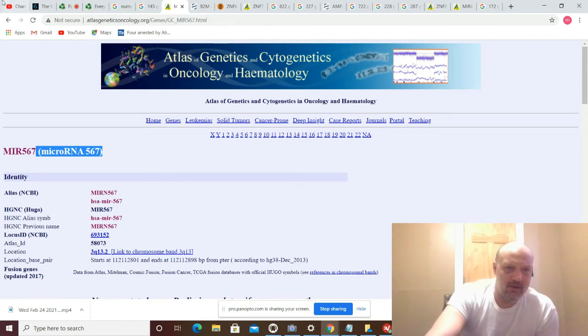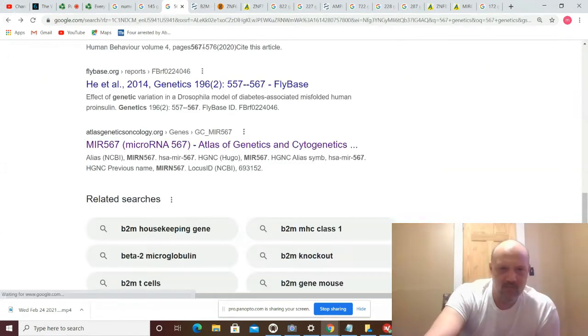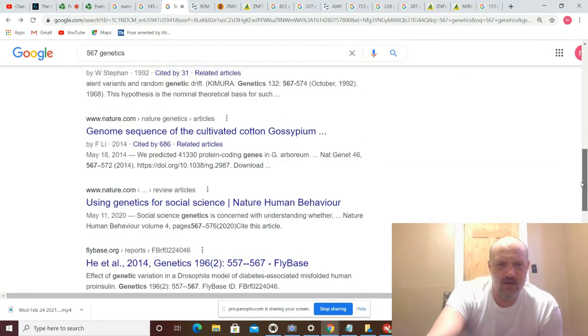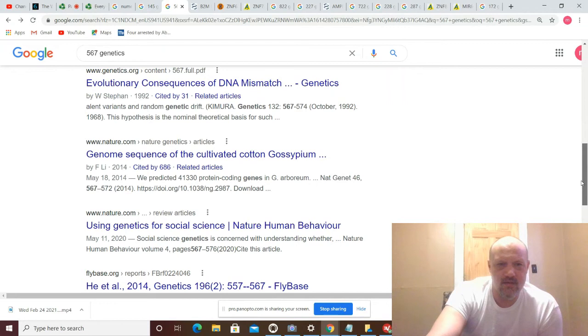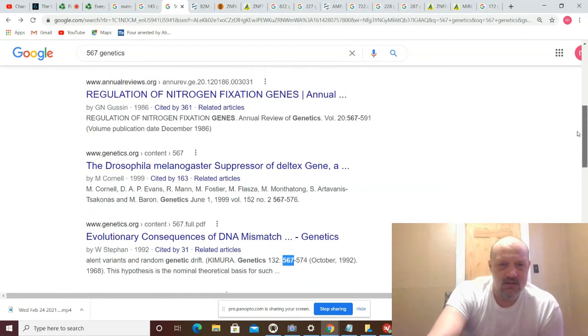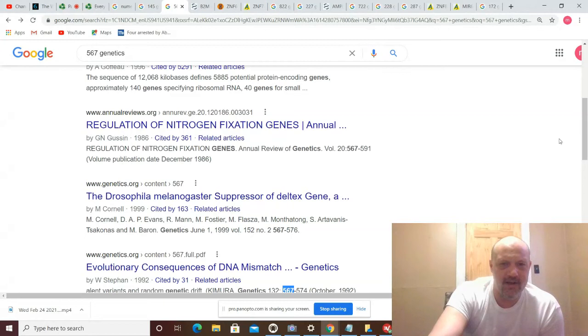And I told myself to go back to the list. Genome sequence of cultivated cotton, and here's our number, 567. Evolutionary consequences of DNA mismatch. Here's our number, 567. So you got a few things going on.